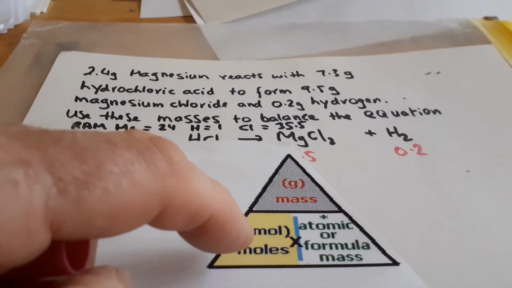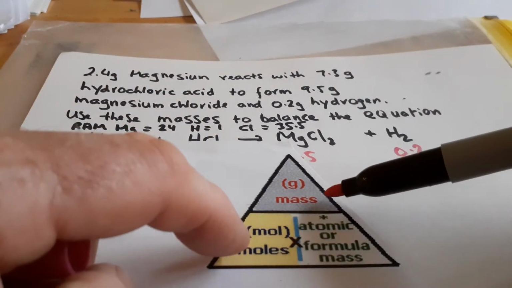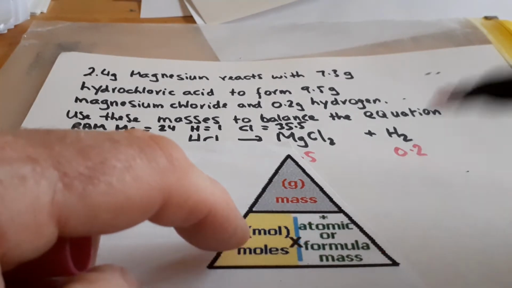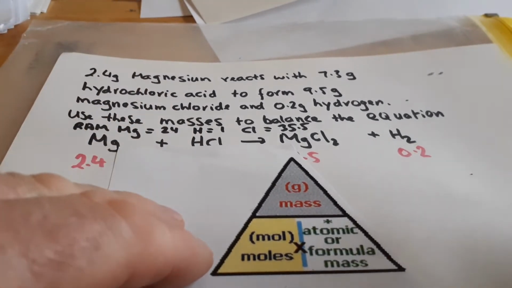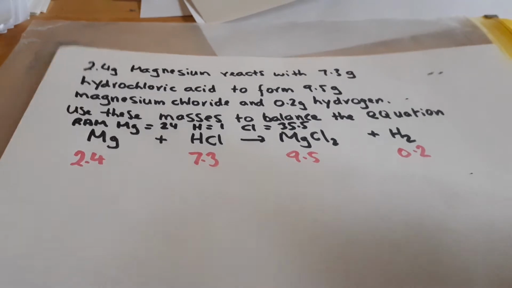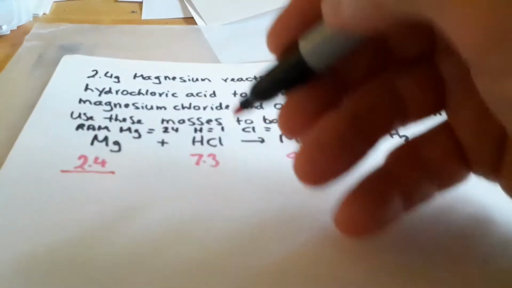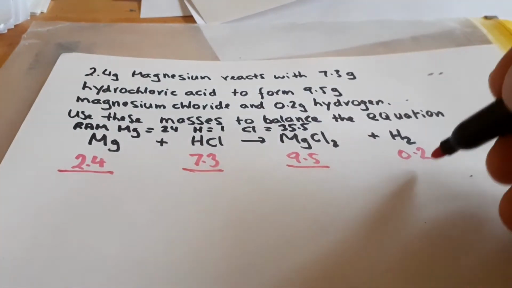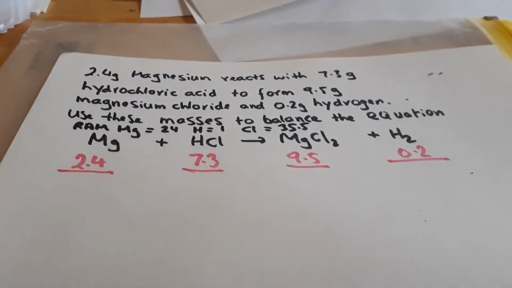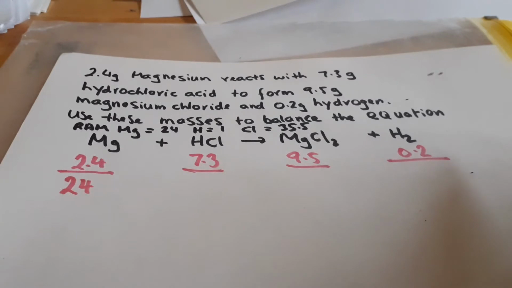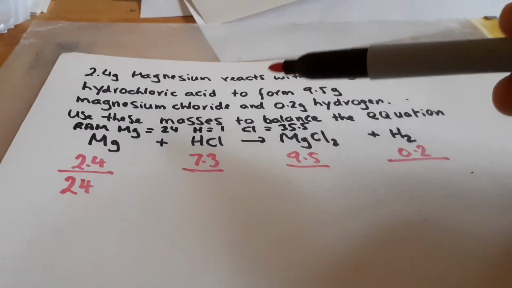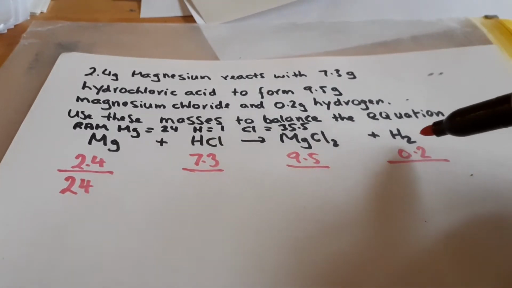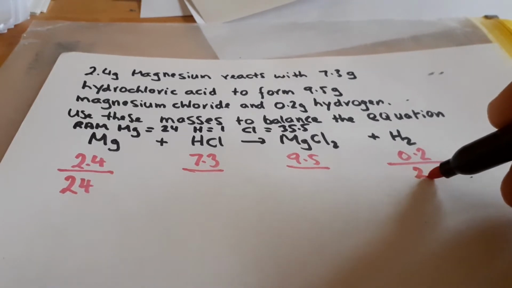The number of moles equals the mass you're given divided by the mass of 1 mole, or the formula mass. So let's work out these. Magnesium is very straightforward. It's just an element, and the relative atomic mass of magnesium is 24. Let's look at hydrogen. Relative atomic mass of hydrogen is 1, and because it's H2, it's 2.